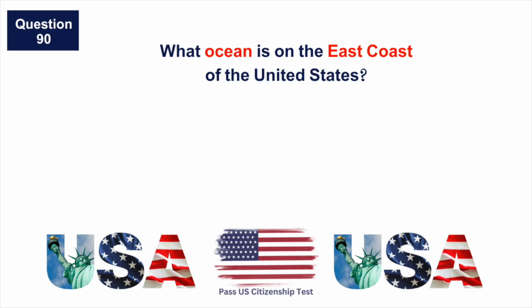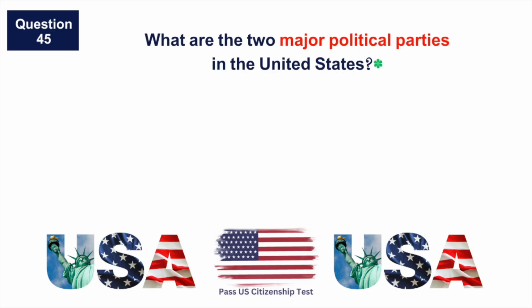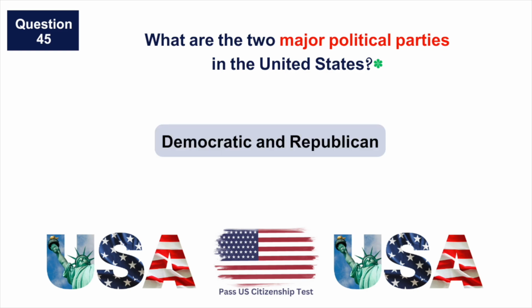What ocean is on the east coast of the United States? Atlantic Ocean. What are the two major political parties in the United States? Democratic and Republican.